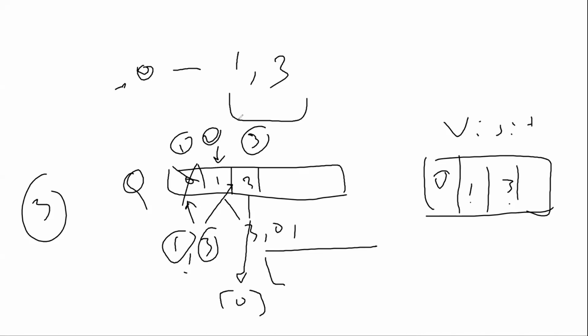Let us see what our space requirement is. One is the visited set, which is order of n, and the other is the queue, which is also order of n. So we have two order of n requirements here. In the other case, we had the same requirement, because we started with unvisited, which was order of n, and we were also keeping track of the available keys, which could also be order of n.